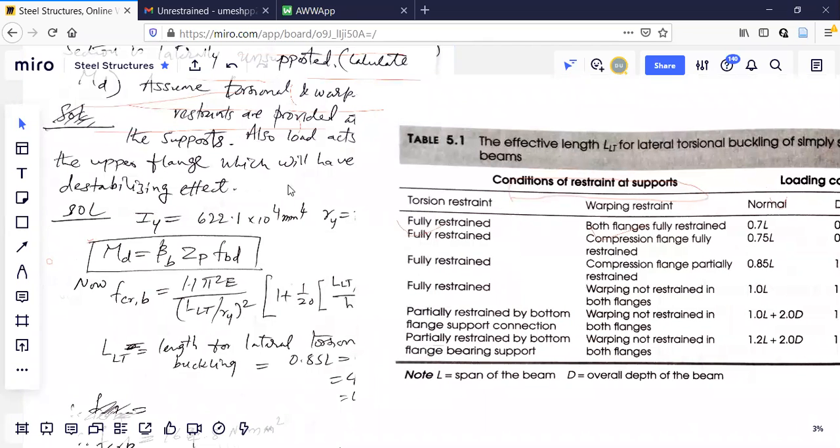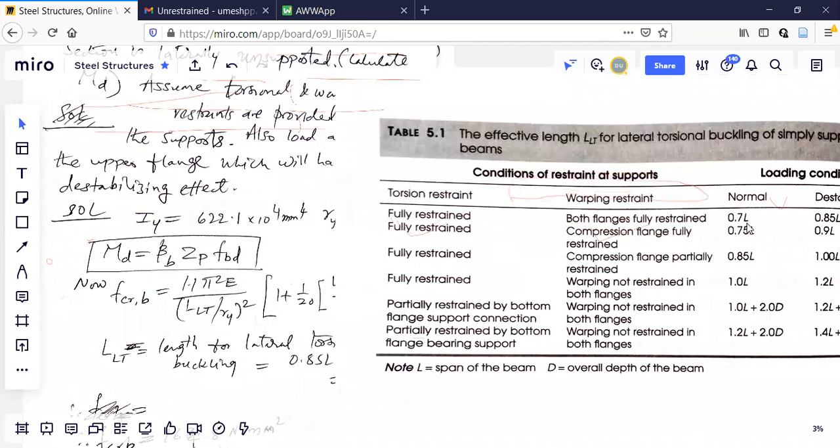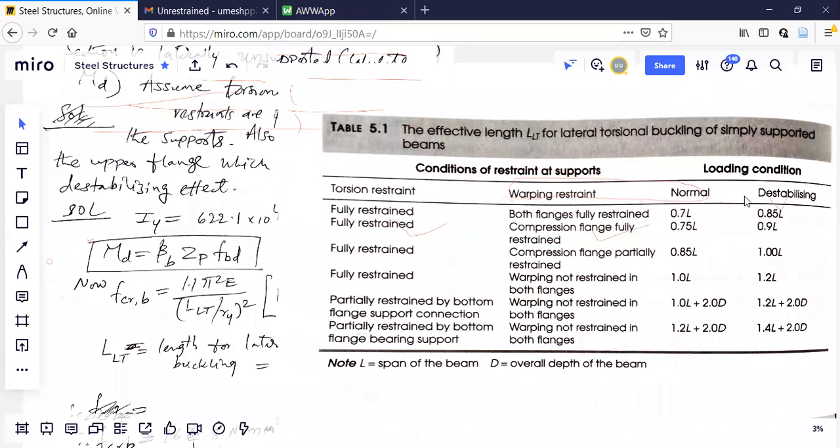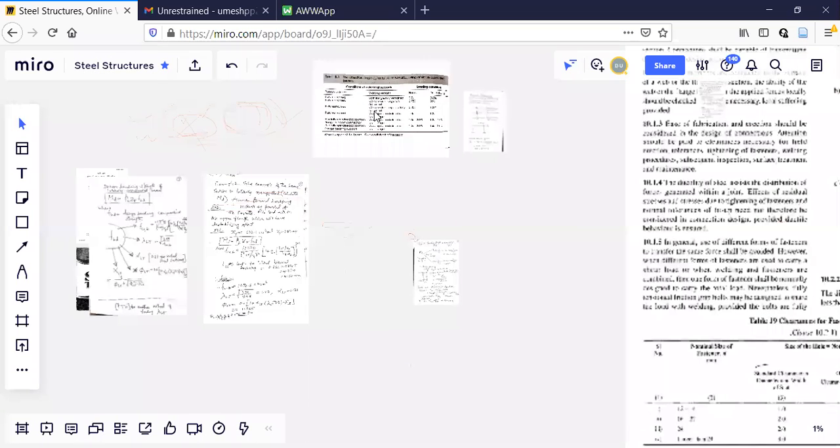If the destabilizing effect was not mentioned, I would have gone for 0.7 L. Normal it is. Since it is clearly mentioned, it will have destabilizing effect. If there is a destabilizing effect, I will use 0.85 L. If the boundary condition itself is not given, no question of referring to any tables. 5 meter only, use it and solve.